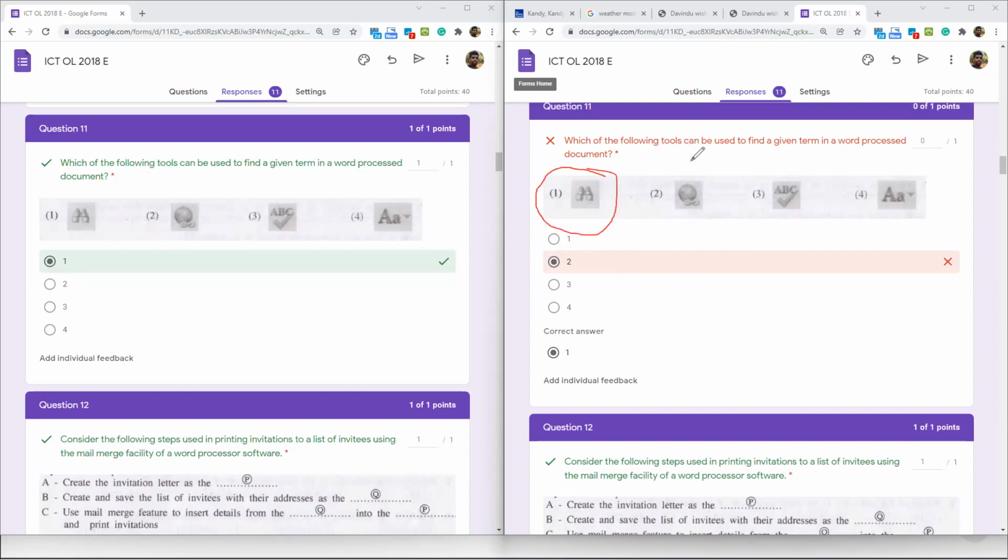This is adding a link, so you can create a link. Then the third one, spellings and grammar. So the first one is the answer for this.